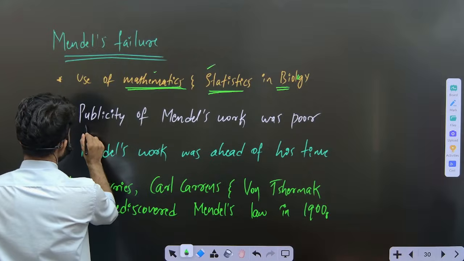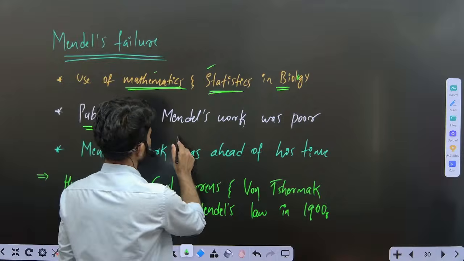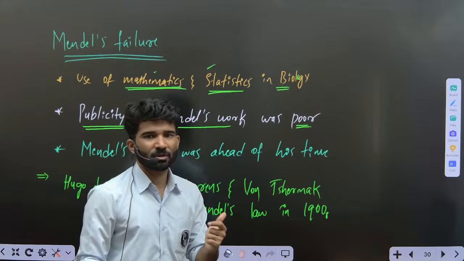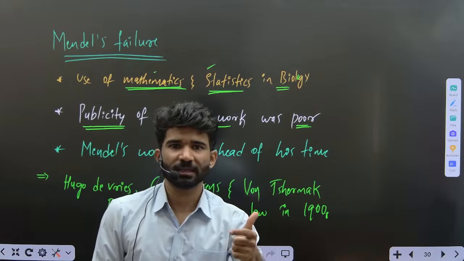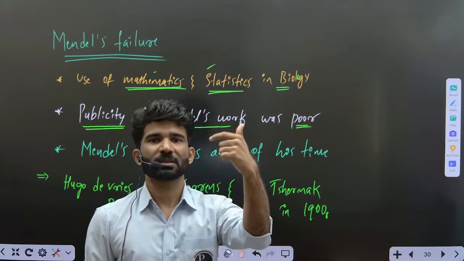Right. The next one is publicity. He got very little publicity for his work. Nobody could understand what Mendel did in this experiment because he was ahead of his time.